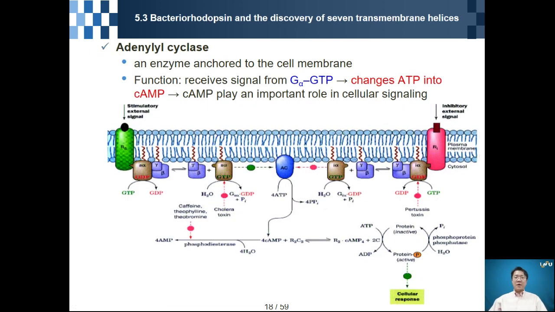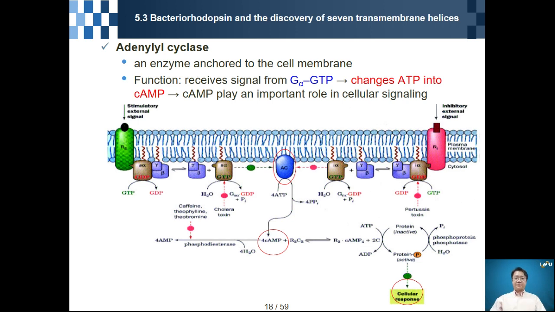The main function of adenyl cyclase is to receive the signal from the G alpha GTP, and after that to change ATP to cAMP. cAMP also plays an important role in several cell signaling pathways, so it will induce cellular responses. I will not cover the details, but we have to know the important steps of the signal pathway, and also the protein names.